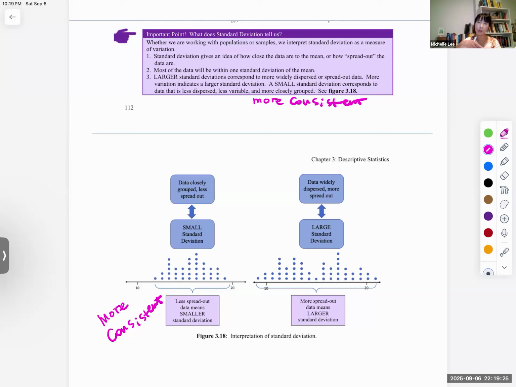So I'm gonna show you how to find sample variance and sample standard deviation by hand. And then I'm gonna show you how to find population standard deviation, population variance, and sample variance, sample standard deviation by using StatCrunch. Yeah, okay.